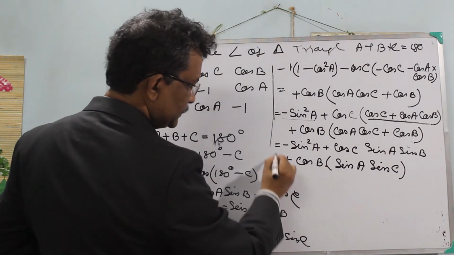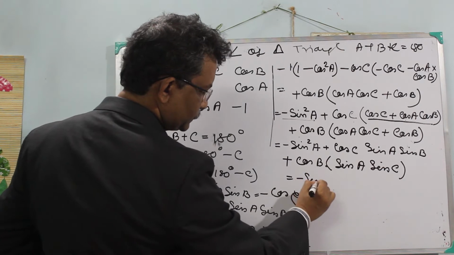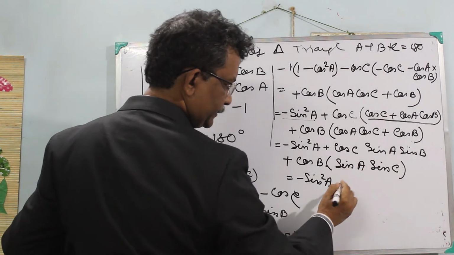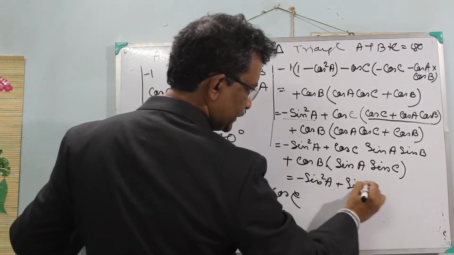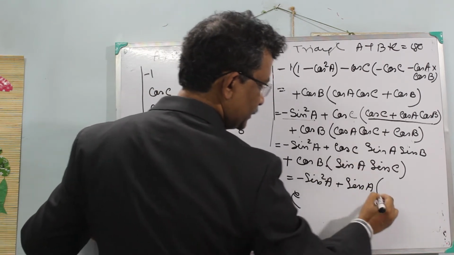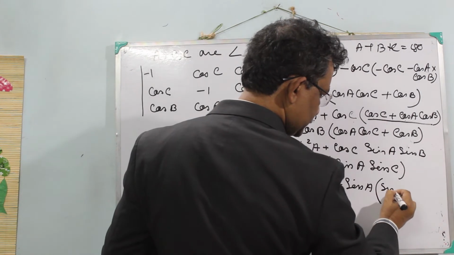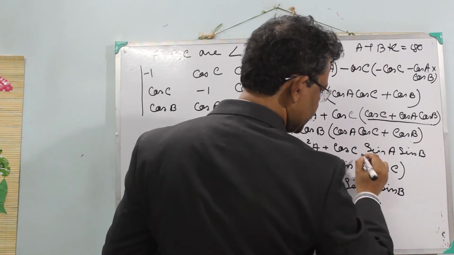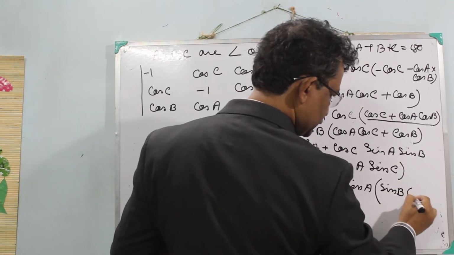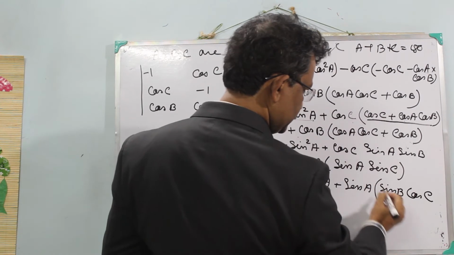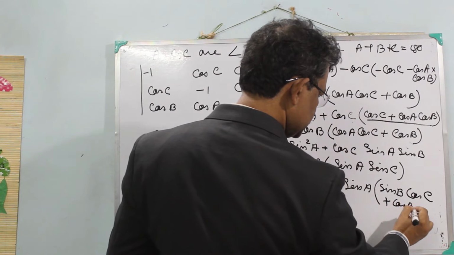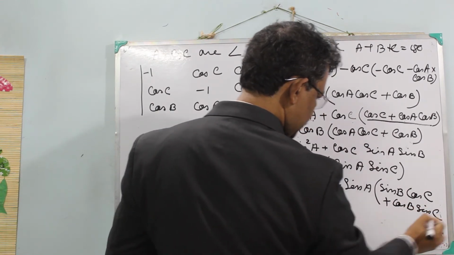Now this equals minus sin square A. Now I take common sin A from these two, so this becomes sin B cos C plus cos B sin C. Clear?